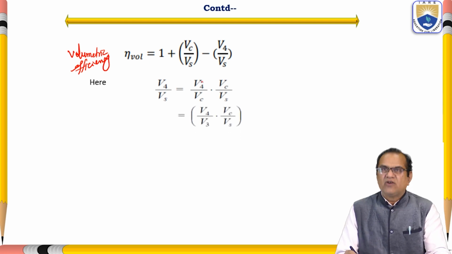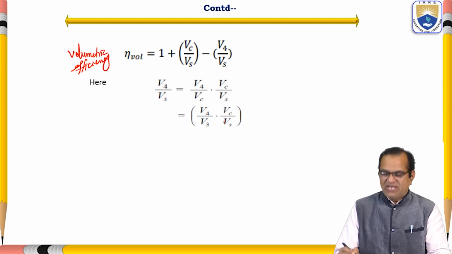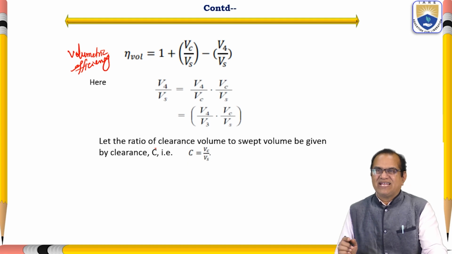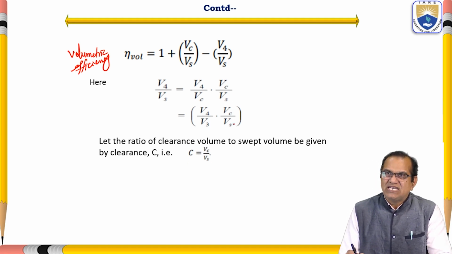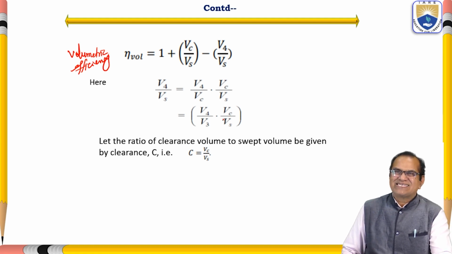Now V4 by Vc is equal to V4 by V3, into Vc by Vs. Let the ratio of the clearance volume to the swept volume, Vc by Vs, be given by the clearance ratio C. Let this Vc by Vs number be given as C. It is called the C.